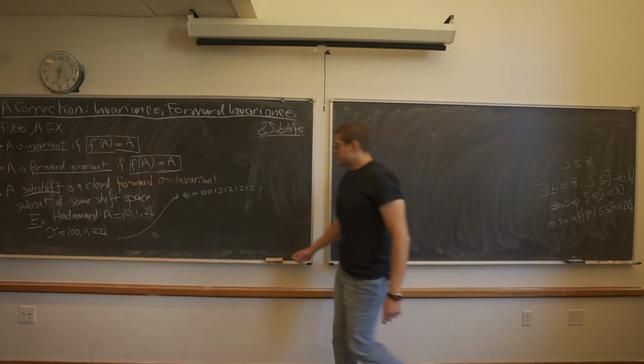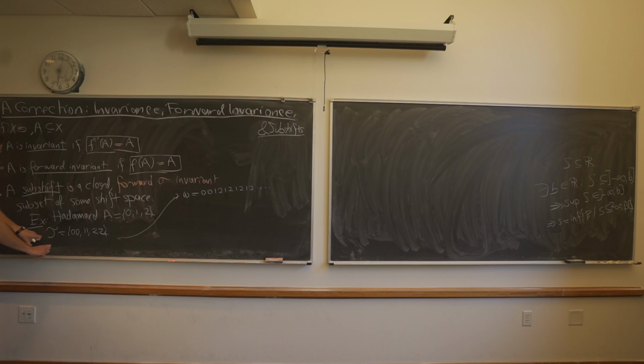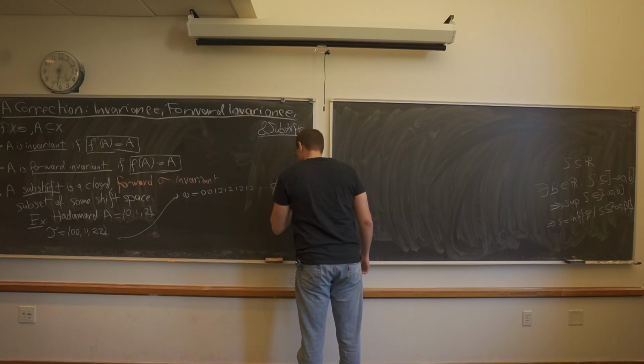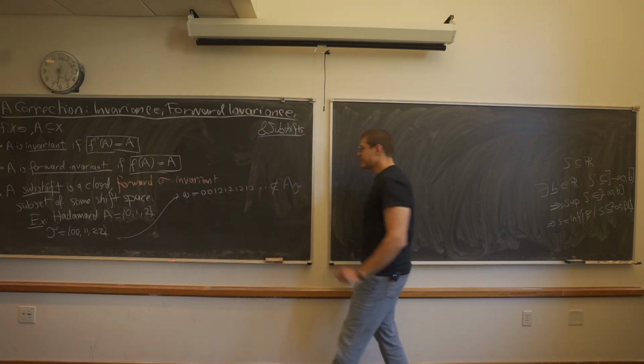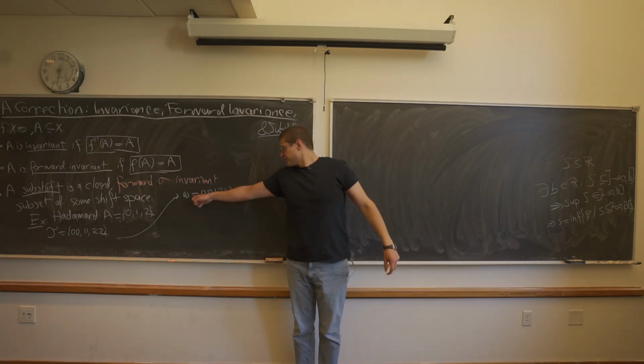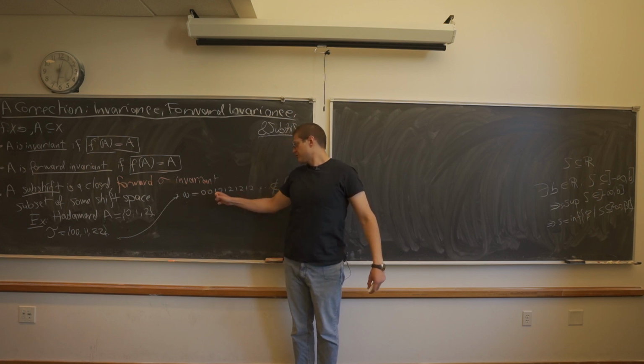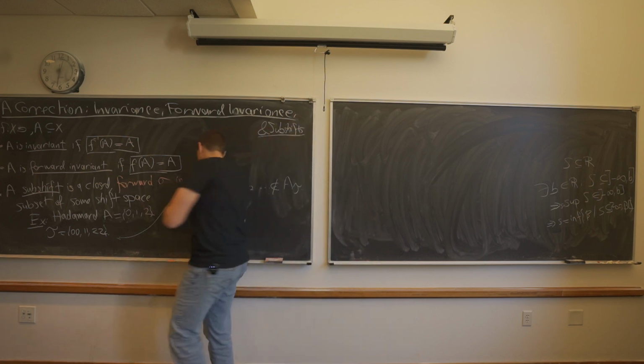Certainly, this is not in the subshift defined by this, because it has a taboo word. But if I were to apply the shift to it once, I'm going to get rid of the first entry, and then it's going to be 0, 1, 2, 1, 2, 1, 2, which is admissible.